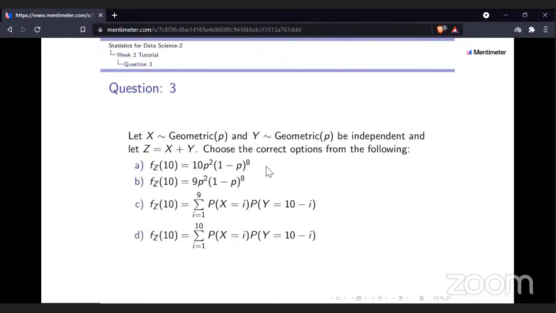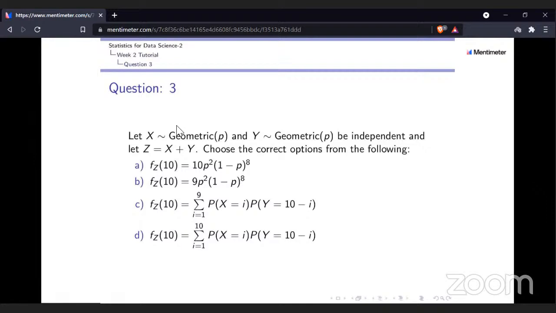So this question says you have again two independent random variables X and Y. X is geometric p and Y is also geometric p, and we are assuming Z to be X plus Y. So there are a few options here, and you have to select which options are possible for the PMF of Z. I'll give you some 5 minutes, then we'll discuss the solutions.